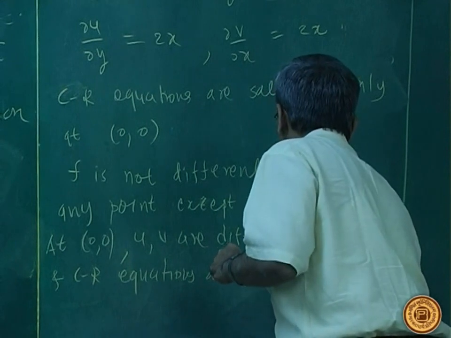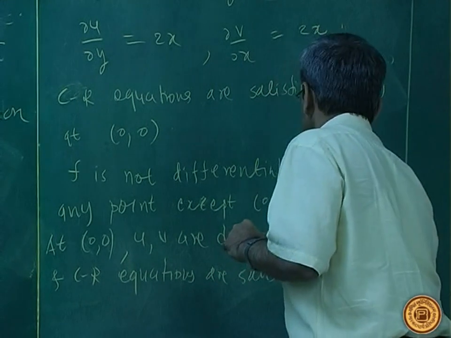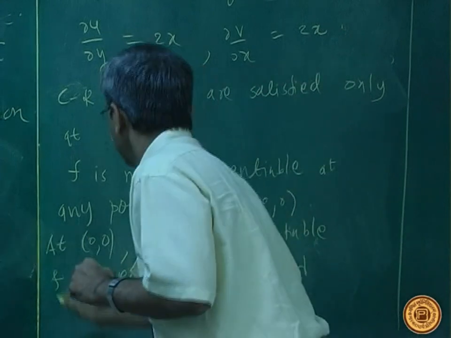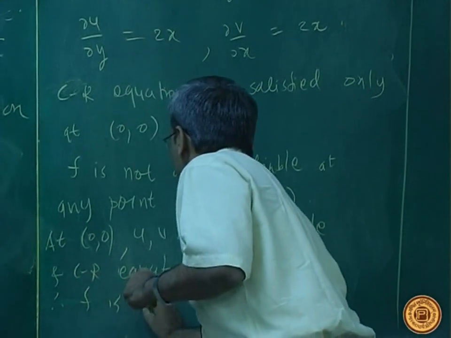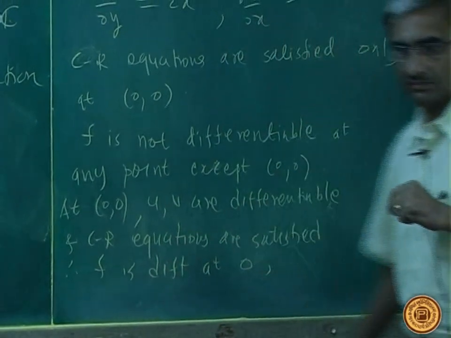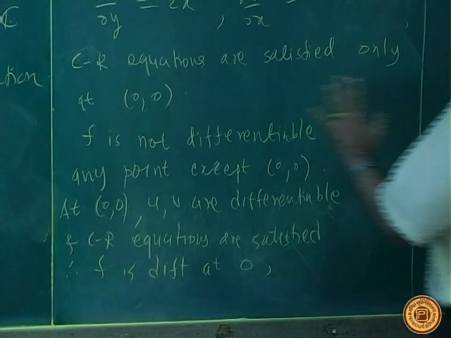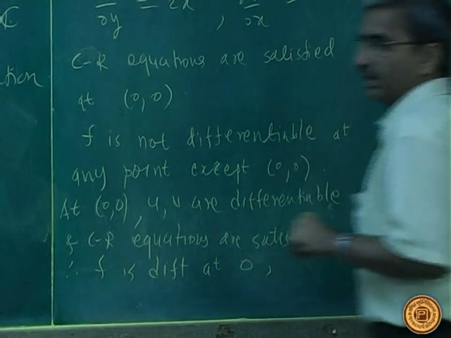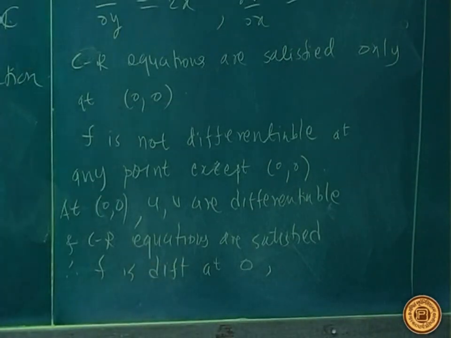Thus, f is differentiable at 0. So it is not differentiable at any other point, but differentiable at 0.